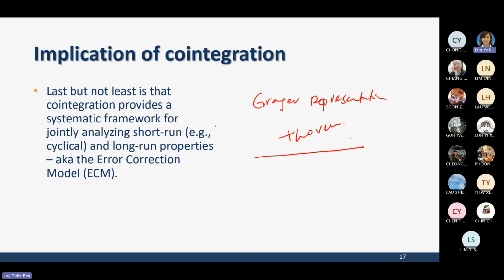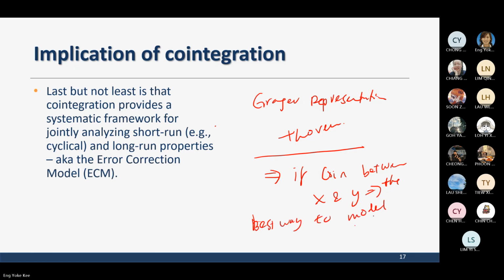Okay, this Granger representation theorem basically says, simple law: if there is a co-integration between X and Y, the best way to model X and Y is to use the ECM model. So what is the ECM model? ECM is what I call the error correction model.